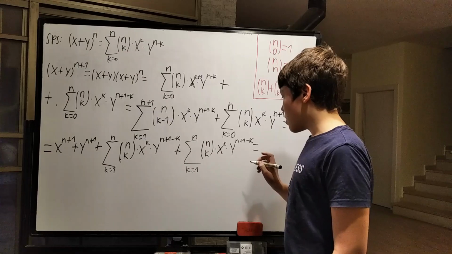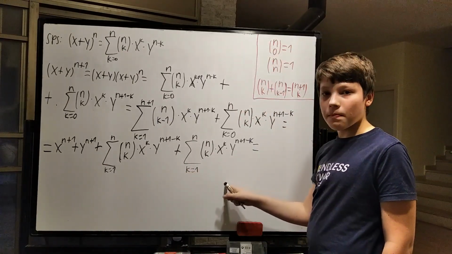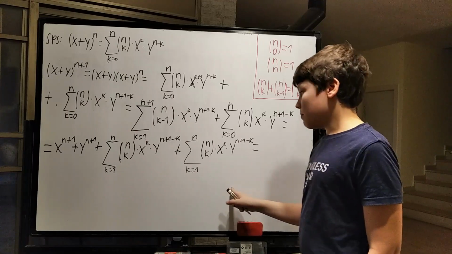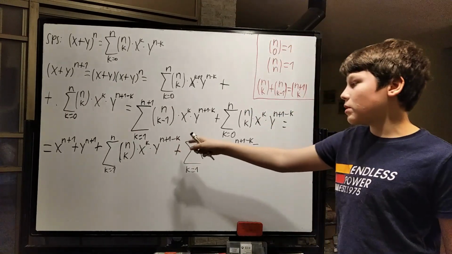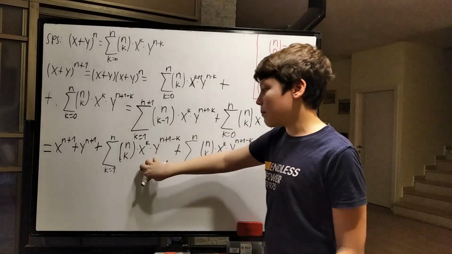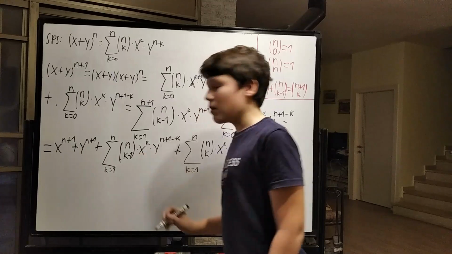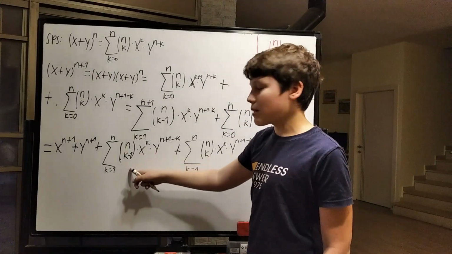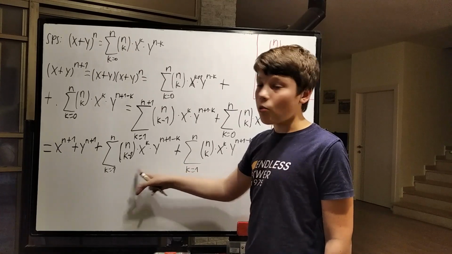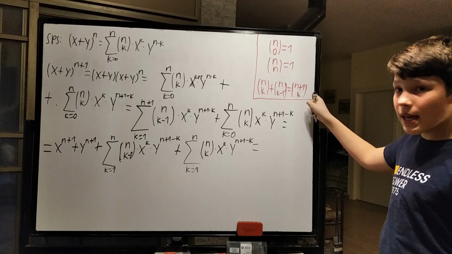Now, we will combine these two sums, and, well, you can see x to the k times y to the n plus 1 minus k is the same in both. But we have the n choose k and n choose k minus 1. We know that summing them will give us n plus 1 choose k.